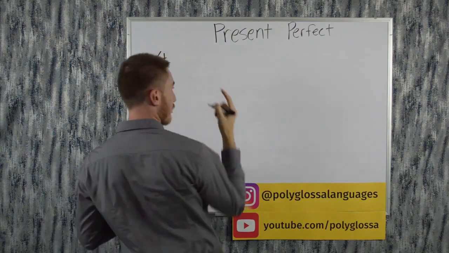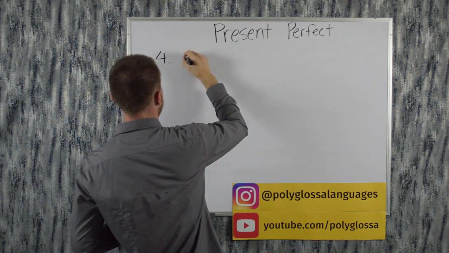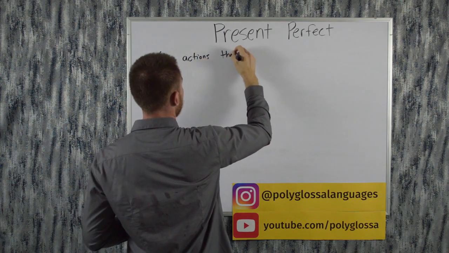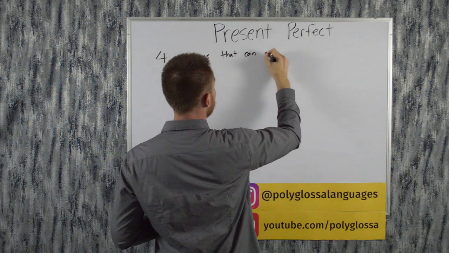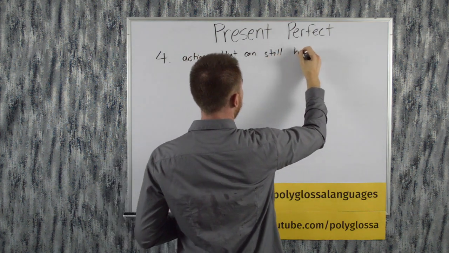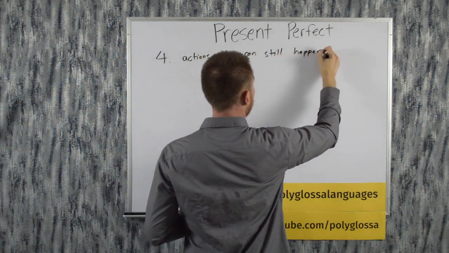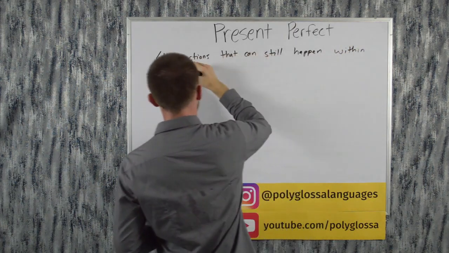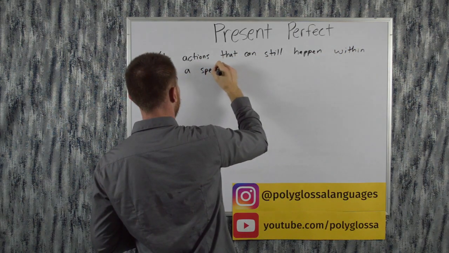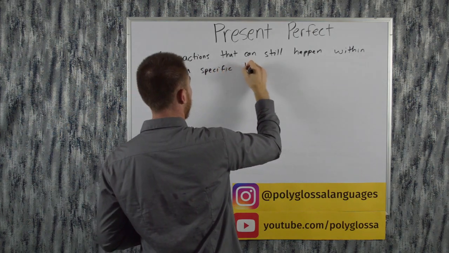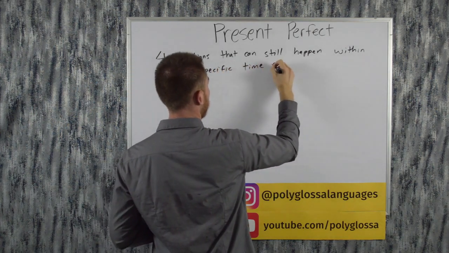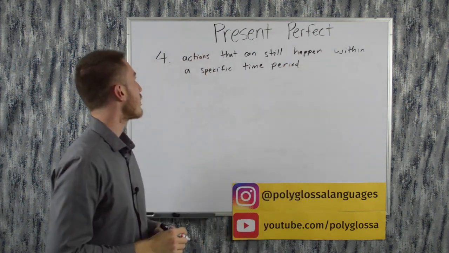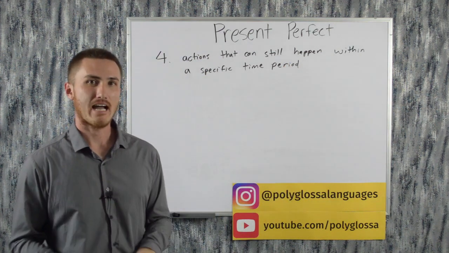So the number 4 usage is for actions that can still happen within a specific time period, okay? Actions that can still happen within a specific time period.